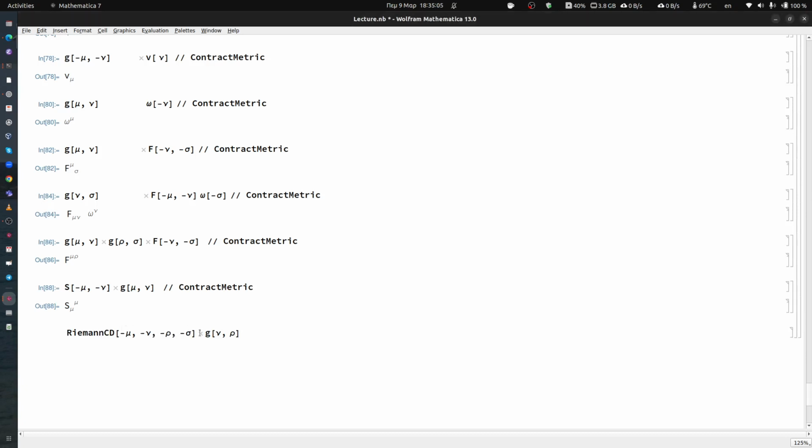Let's apply contraction on the Riemann tensor. So I take the Riemann tensor and I contract nu and sigma. So this is the result.